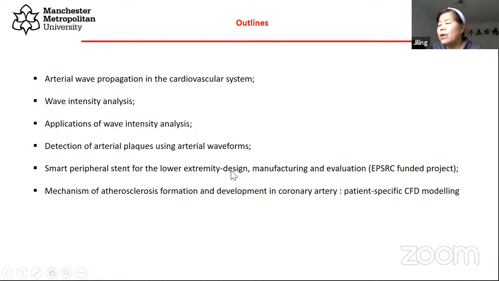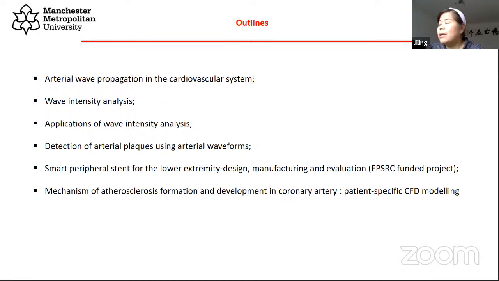I will also give a very brief introduction to my current key project, a smart peripheral stent for the lower extremity that includes design, manufacturing, and evaluation. This project is supported by the EPSRC grant.